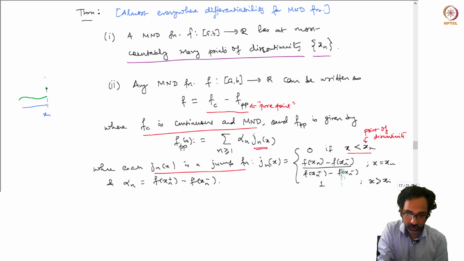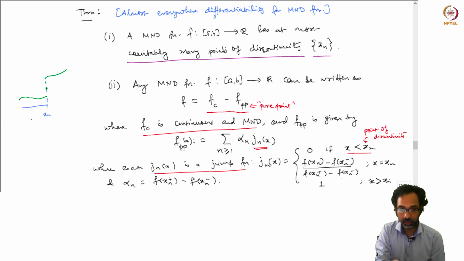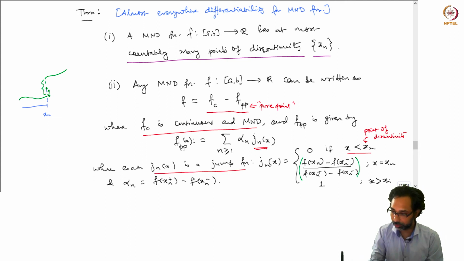And then again, because it is increasing, there will be a right hand side limit, and so this fraction of the entire length is given by this formula here.